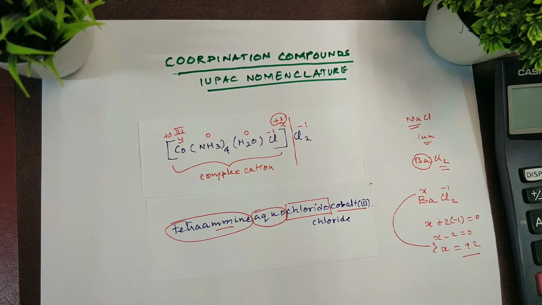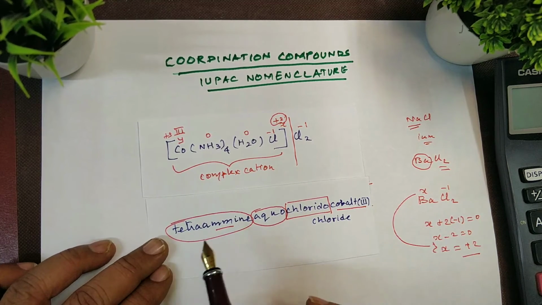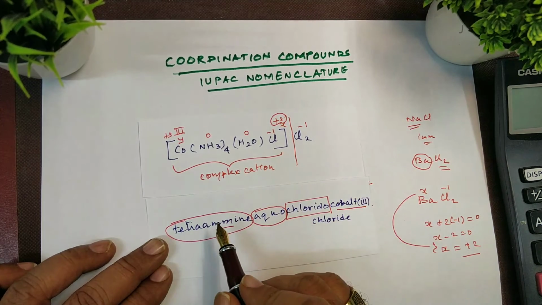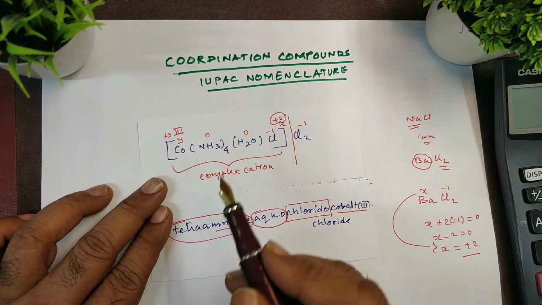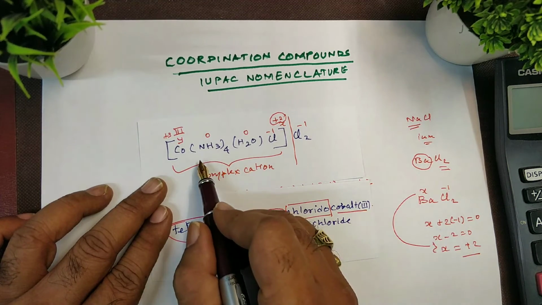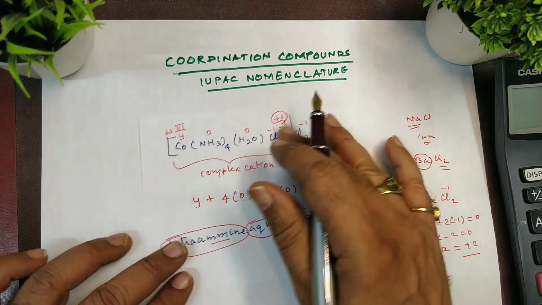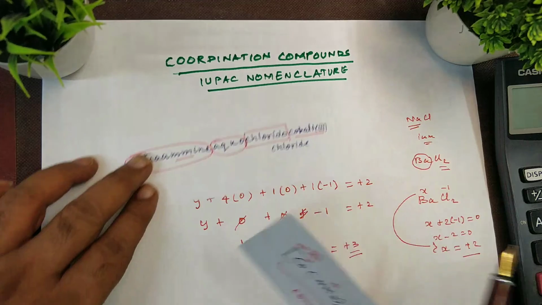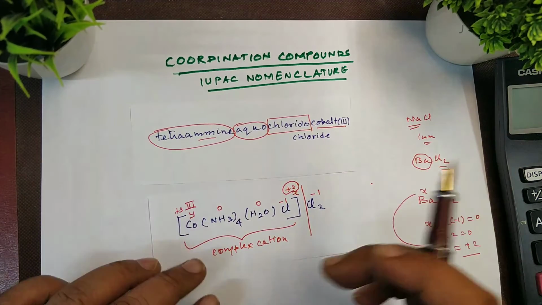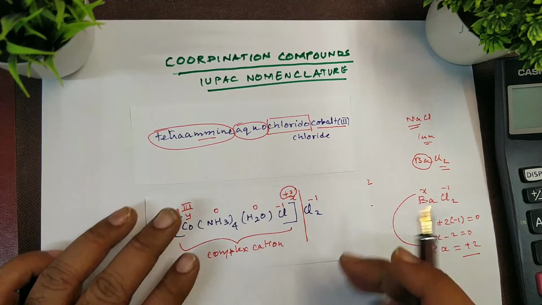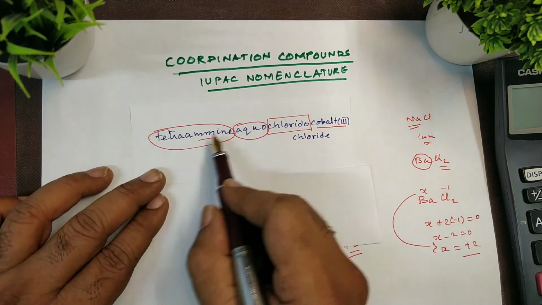Okay. Now you should be able to derive the formula based on the IUPAC nomenclature also. Here we have attempted initially naming the coordination compound by IUPAC convention. Now let us make it the other way around, and arrive at the exact molecular formula. Take this tetraammine.